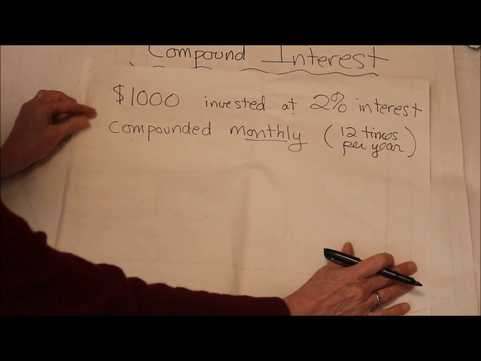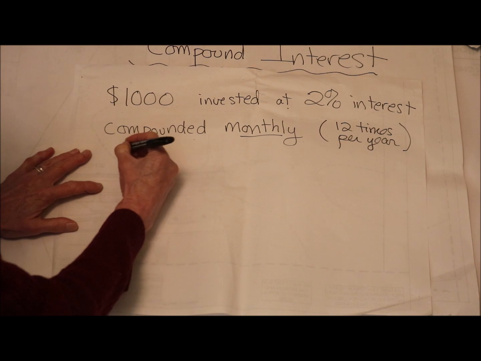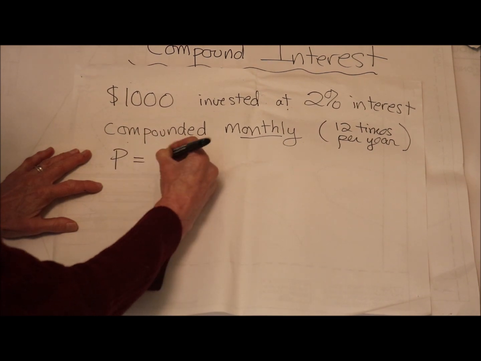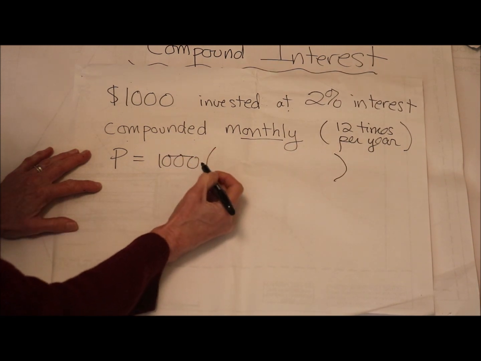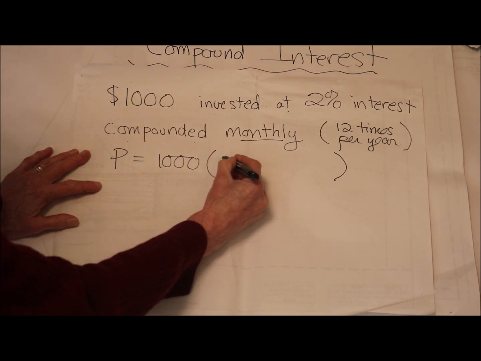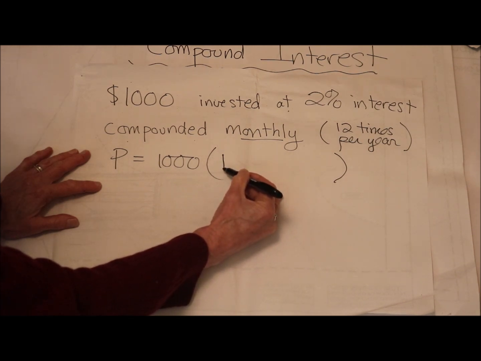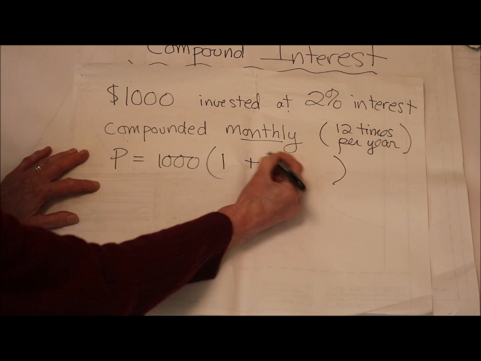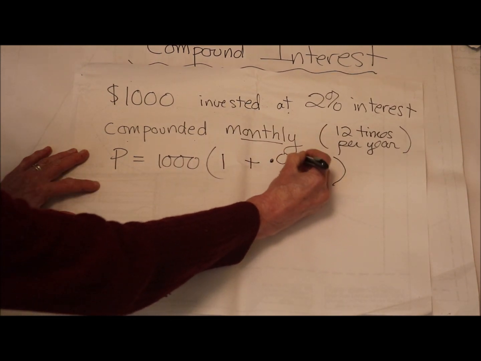So the same scenario, $1,000 invested at 2%. But now let's say the bank is figuring out your interest and putting it into your account monthly, 12 times a year. So I'm going to cut right to decimal land. So instead of writing 100%, I'm going to write 1, because 100% in decimal land is 1, plus 2% in decimal land is 0.02.